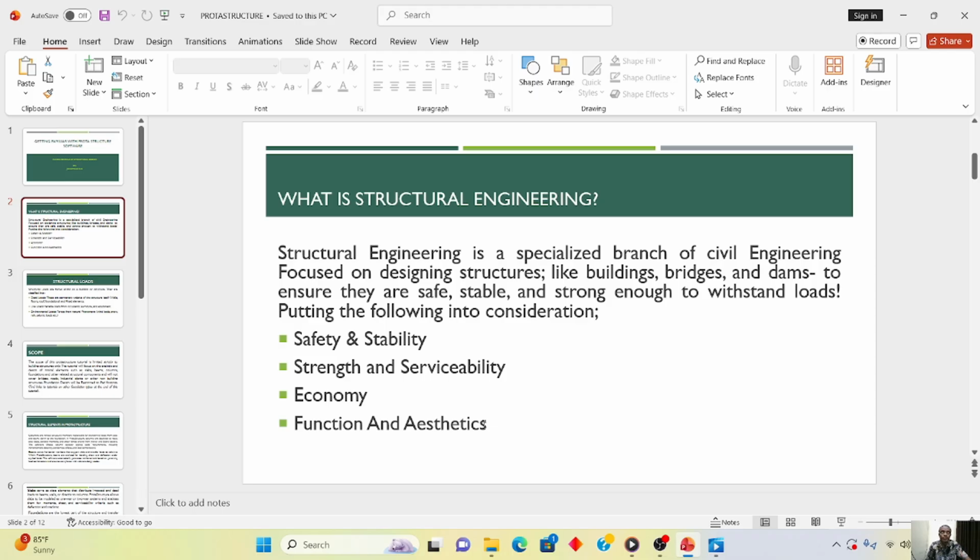Just for instance, let me compare safety and economy. Now, if I design the structure to be using a reinforcement bar of, let's say, 12 mm for the slabs, the solid slabs that were designed.